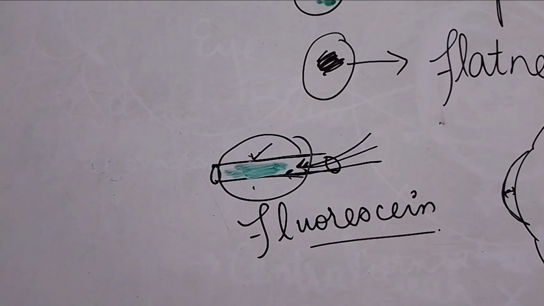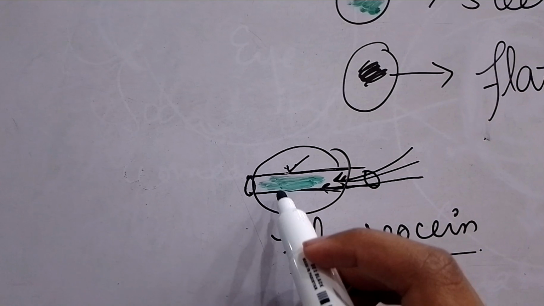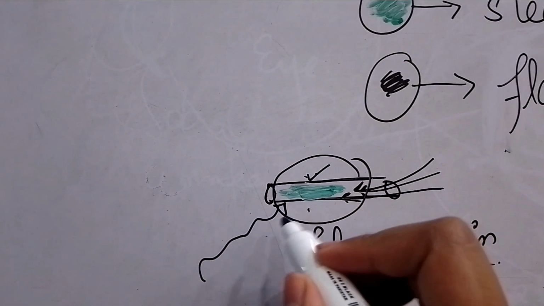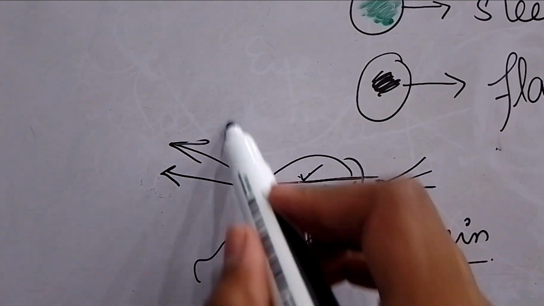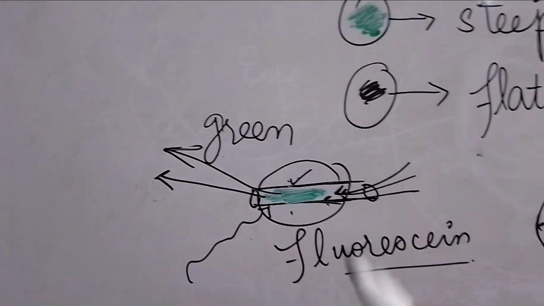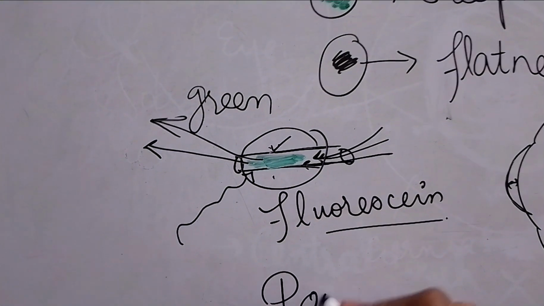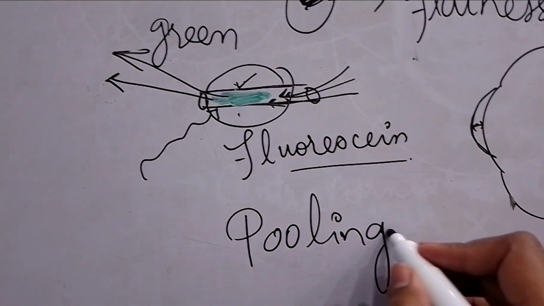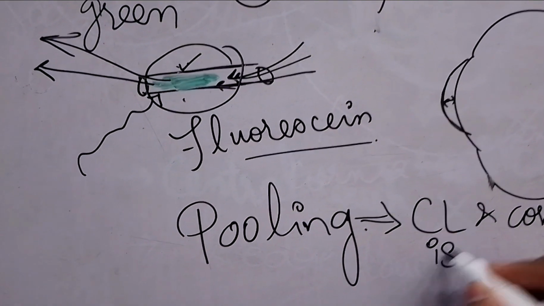Because of the phenomenon of fluorescence: the fluorescein dye absorbs the blue light, the shorter wavelength light, and emits longer wavelength light, and therefore a green color is shown. And this area which has the green color is known as pooling, right? So pooling will be there where the contact lens and the cornea are not in touch.